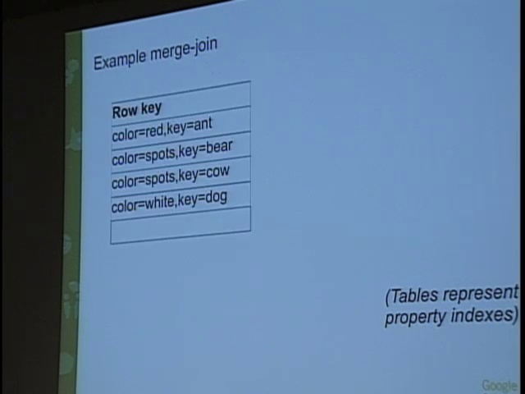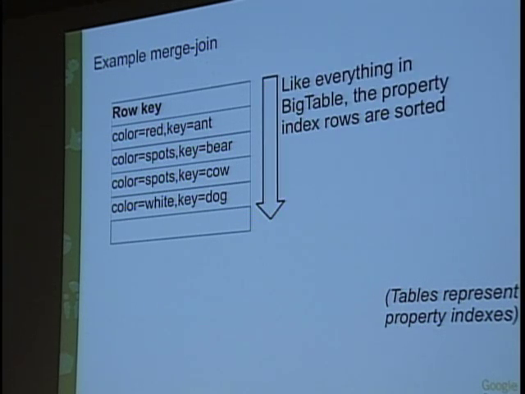Remember, what you're going to see are index values, and they're represented here in tables. So, for example, we have some values here. We have animals that have color equals red, color equals spots, and color equals white. And you'll notice here that everything is sorted alphabetically or lexically.